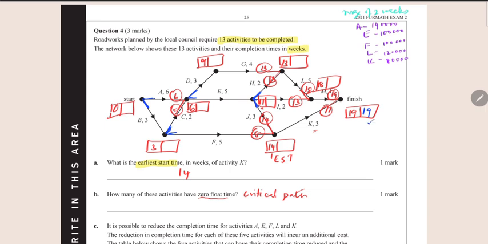So let's start with 19. 19 take away 1, which is the duration of M, gives you 18. And then if you go along L, 18 take away 5 is 13. And then 13 along H, take away 2 is 11.